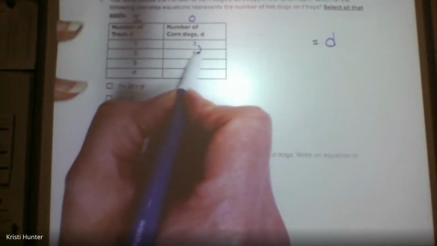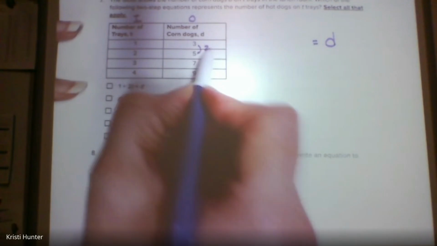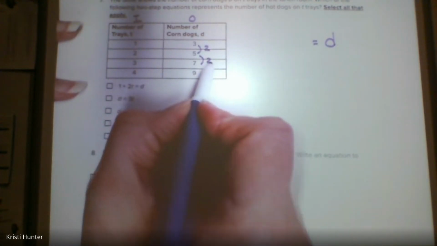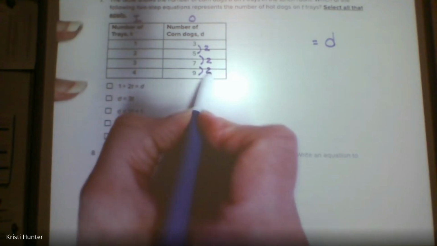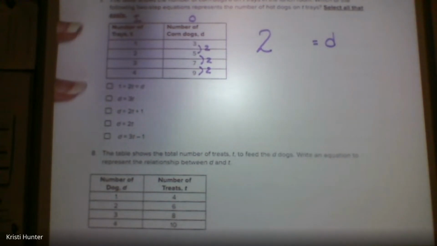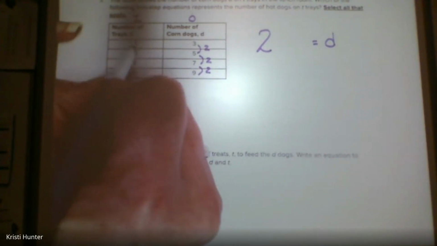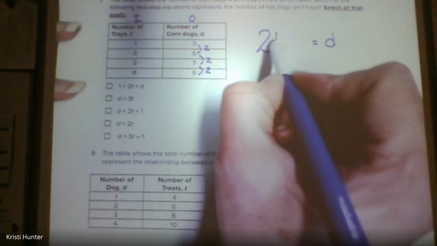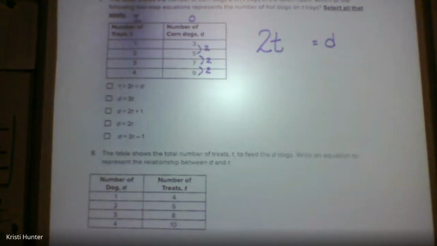So when I look here, there's a difference of 2, there's a difference of 2, there's a difference of 2. So I'm going to use that 2. And I know my trays. So each tray must have 2 of these on there.